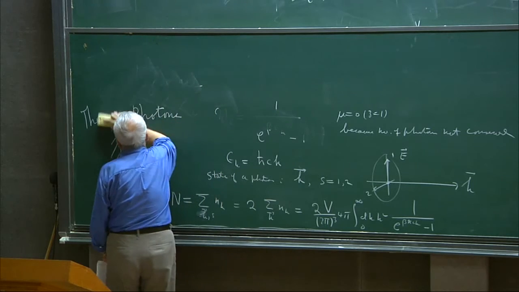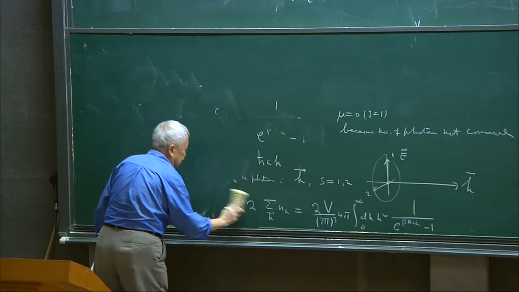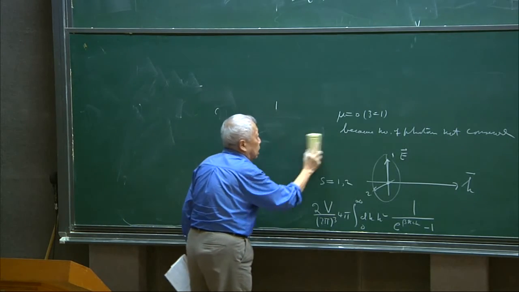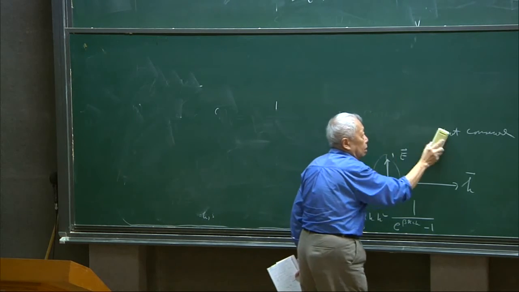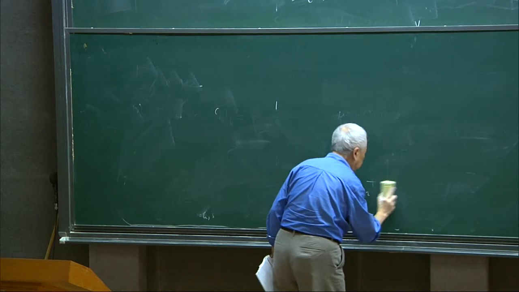So it's bigger than F 3/2 of Z because every term is positive. In fact, that led to the fact that the radius of convergence of that power series is 1. You cannot go beyond 1.